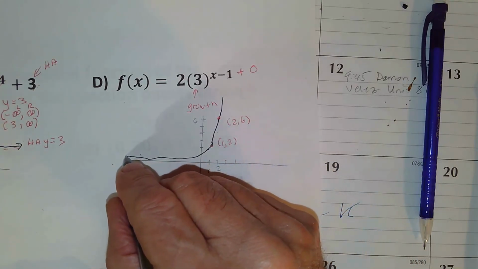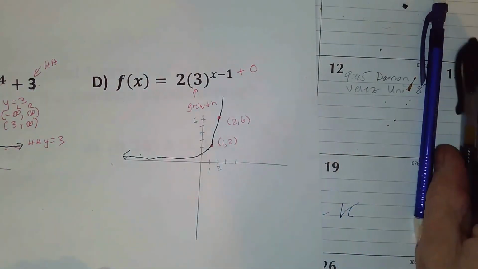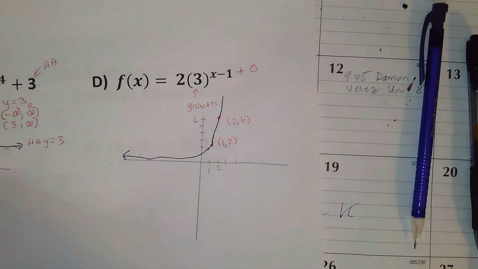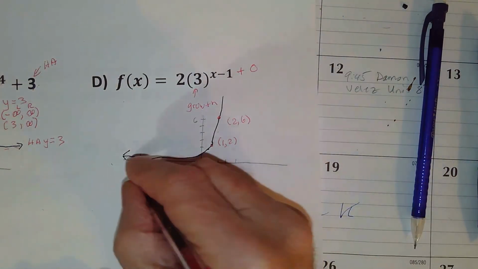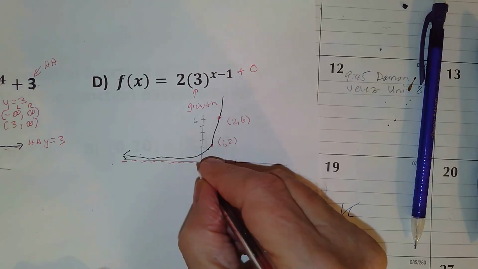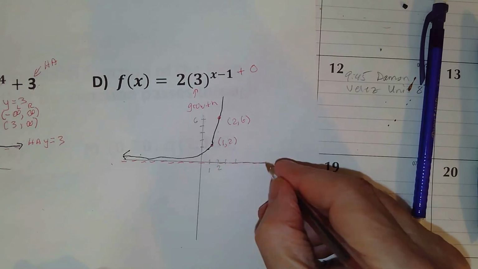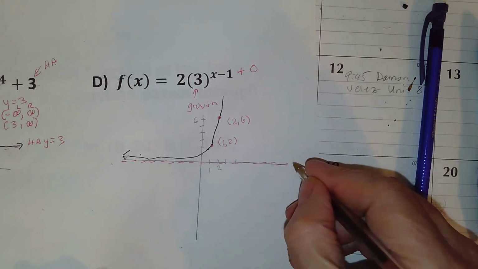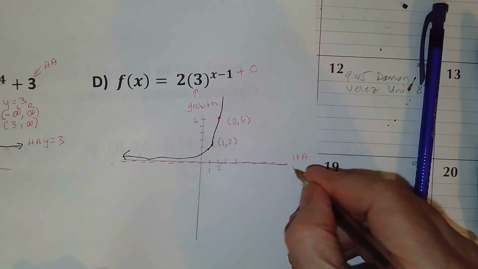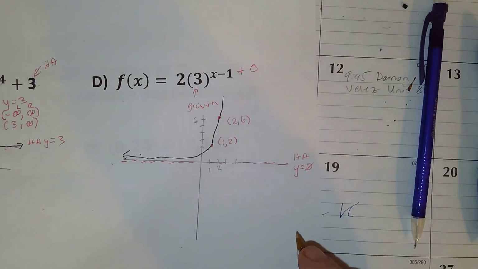Going off into negative infinity. And we said our horizontal asymptote is right along the x-axis, where y equals 0. So the horizontal asymptote is y equals 0.